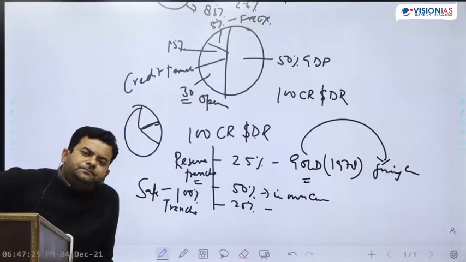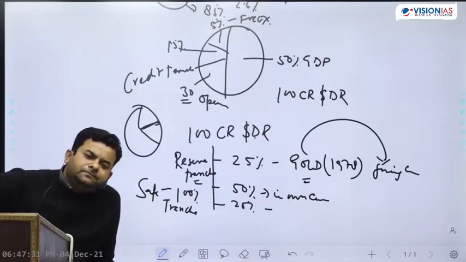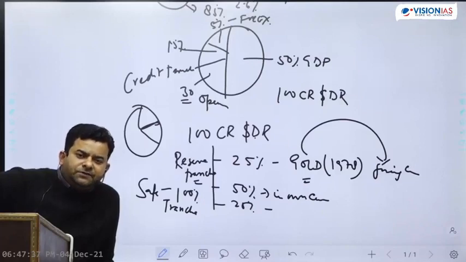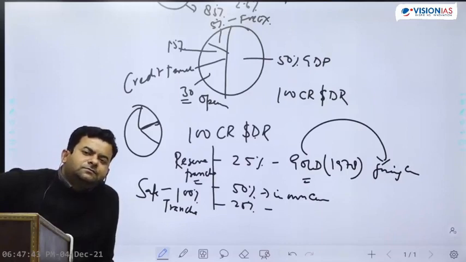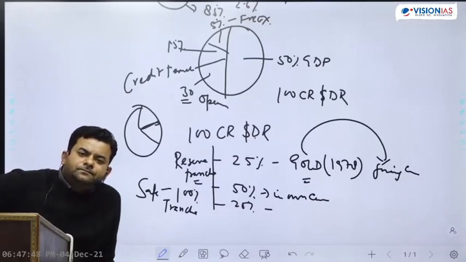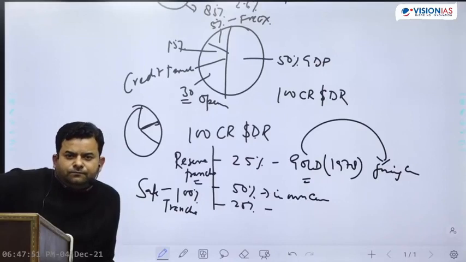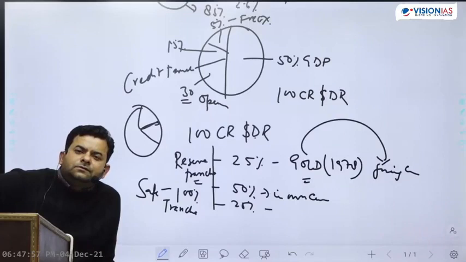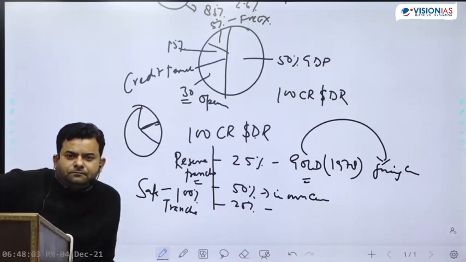Say for example, India's quota is 2.7%. That means of the total value of the IMF fund, 2.7% will be given by India.